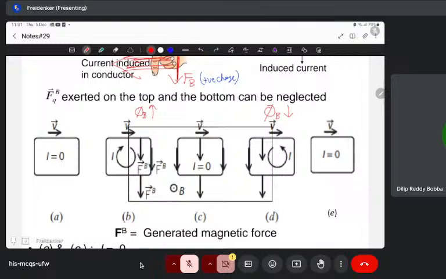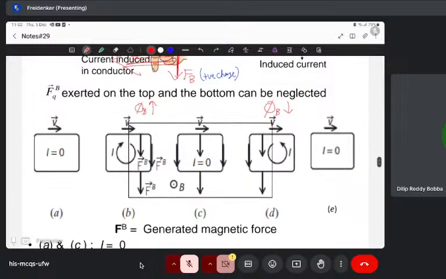If magnetic flux is increasing, what Faraday observed is that the current will be induced in such a way that it will resist the change in magnetic flux. So how can it resist the change? It will generate its current in such a way that it opposes the change in magnetic flux. So what does that mean? How do I say this?